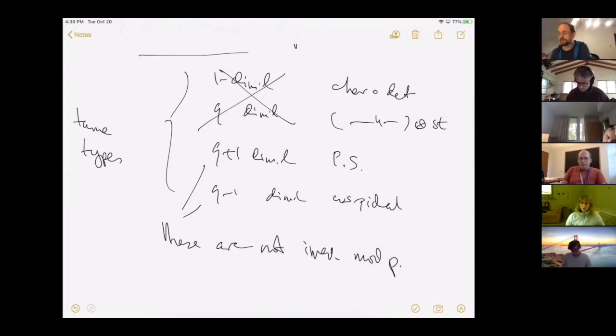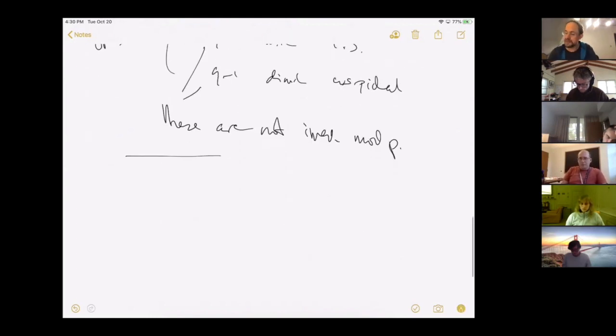And so let me just remind you of some examples. I'm going to do GL2(F_p) and then GL2(F_p) squared. So in GL2(F_p), there's a principal series. We make it by inducing a character from the Borel to GL2.